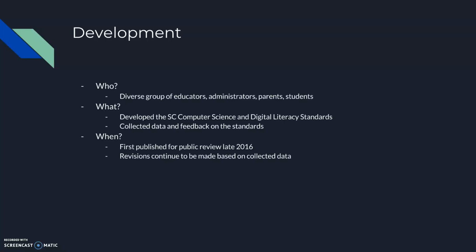It was developed by a diverse group of educators, administrators, parents, and students, as it says in every standard. They developed these standards, and then they released them in November of 2016. They then collected data and feedback on the standards, and as of today, those revisions continue based on the feedback they have received.